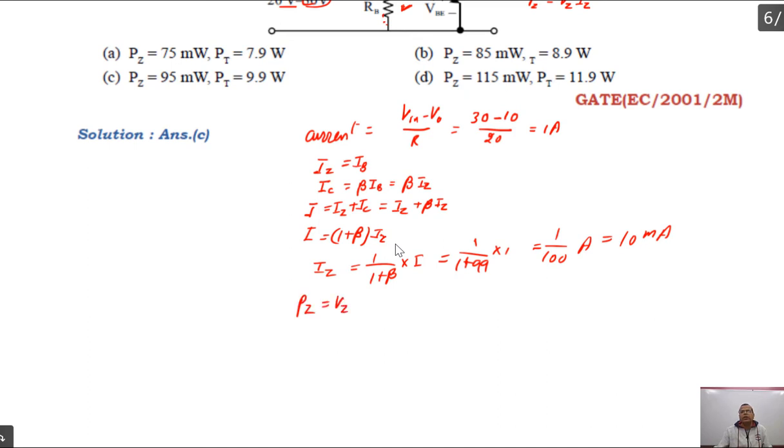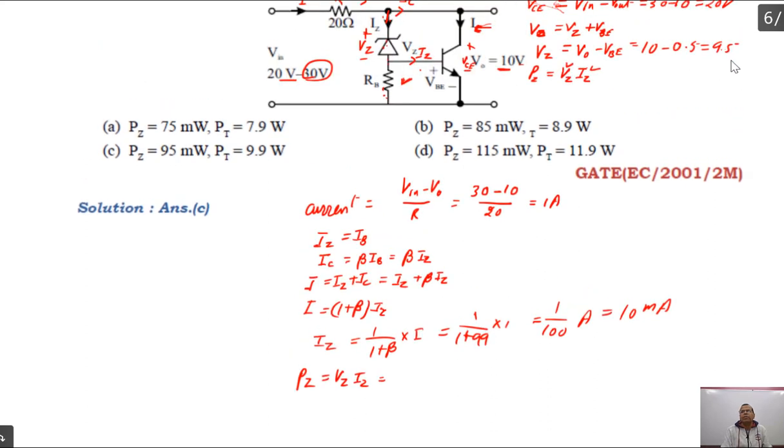So what will be the power dissipated in the Zener diode? That is Vz into IZ, and Vz is how much? We have already calculated that, that is 9.5.